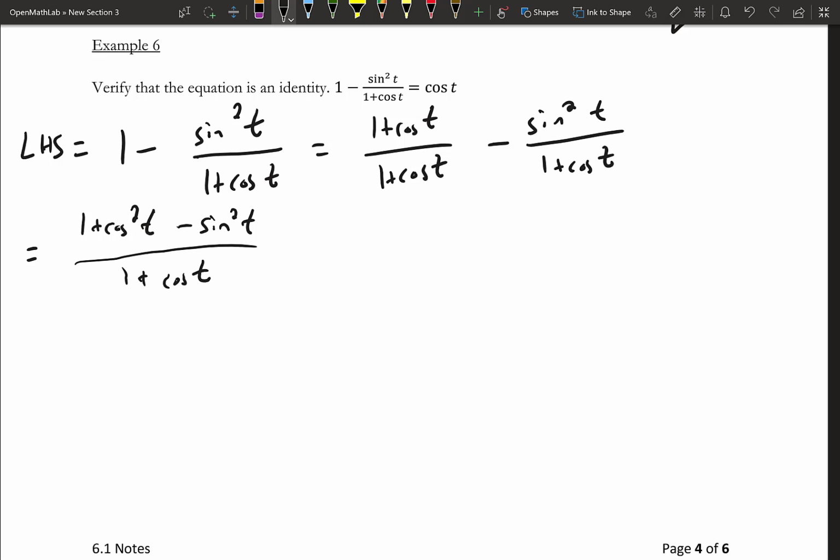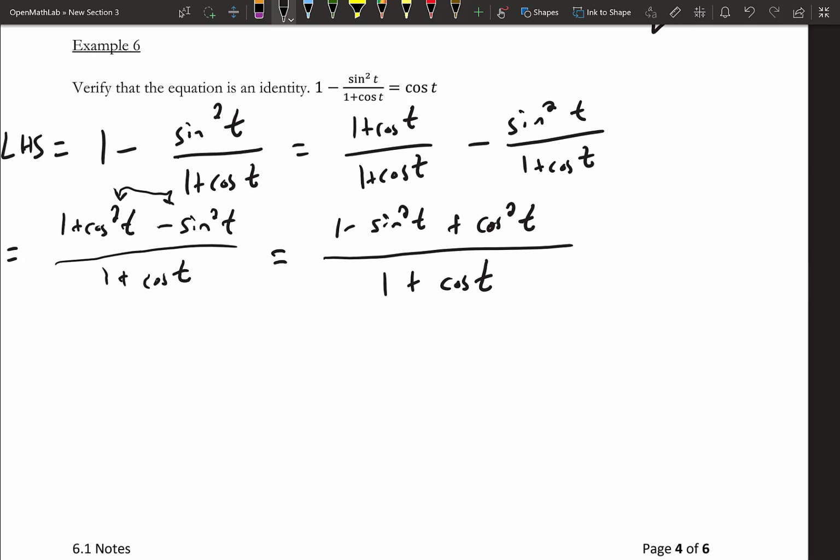Then I could change the order of these two terms. So this would be 1 minus sine squared t plus cosine squared t, just using the commutative property of addition, divided by 1 plus cosine t.